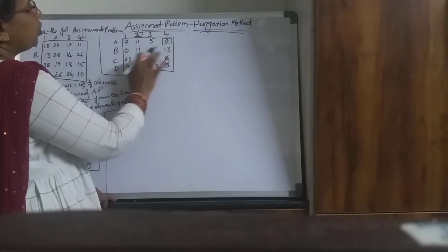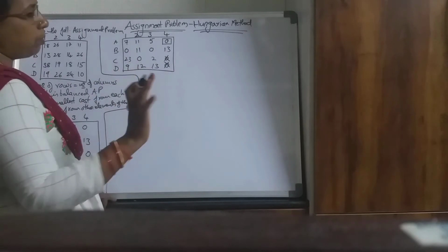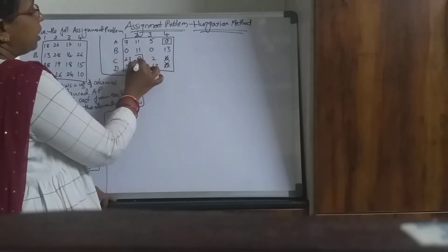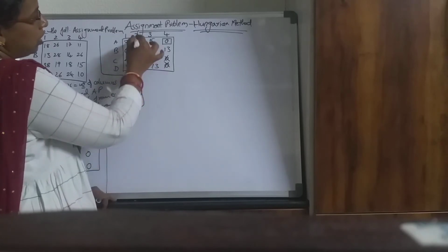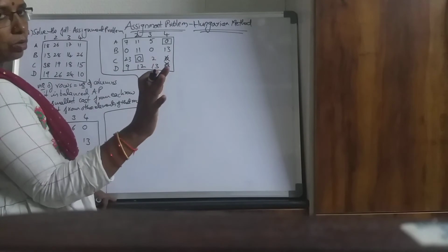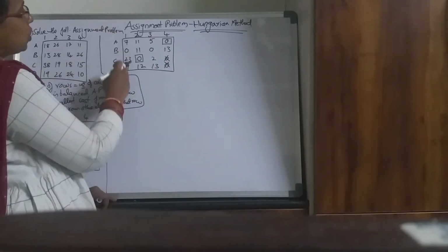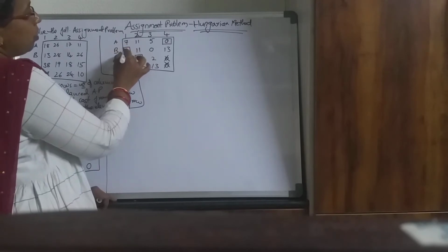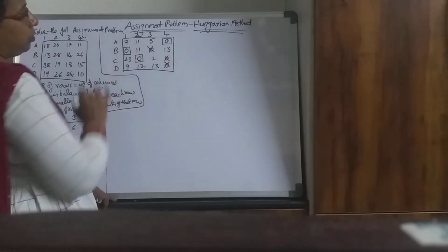Come to second row, you have 2 zeros, don't make an assignment. Third row, here you have 1 zero, so I will make an assignment. You don't have any zeros in that column, so no need to cross it off. Fourth row, I don't have any zeros. Now come column wise. First column, I have 1 zero, so I will make an assignment here and cross off all other zeros in that row.